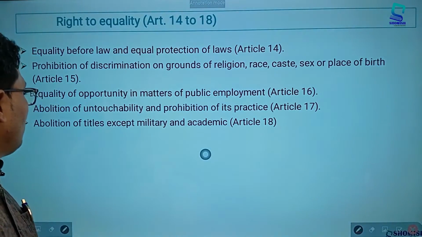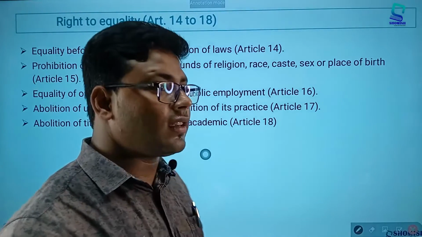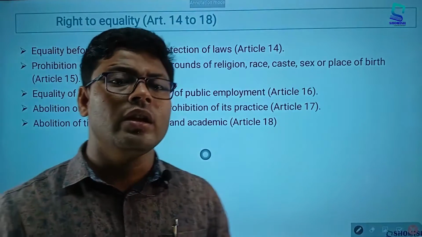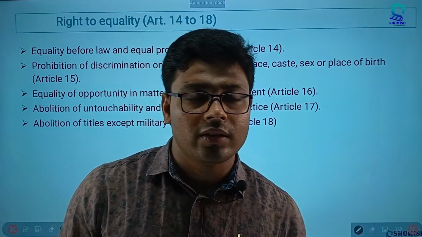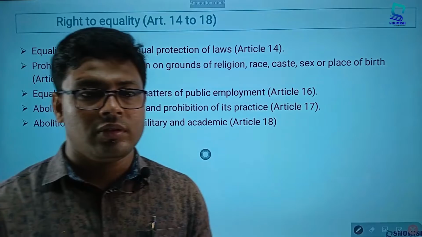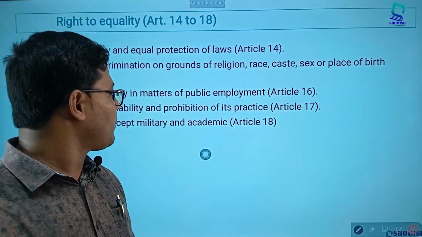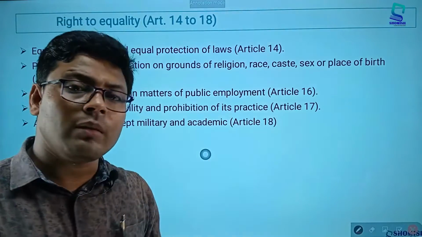Next, abolition of titles except military and academics. Basically, we know that the title Maharaja is abolished according to the Indian Constitution. The title Bahadur is also abolished according to the Constitution of India, except military and academics.